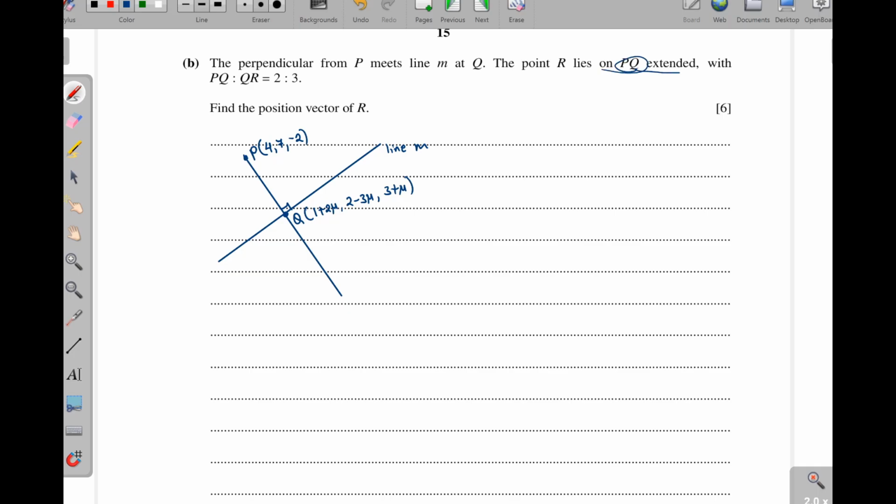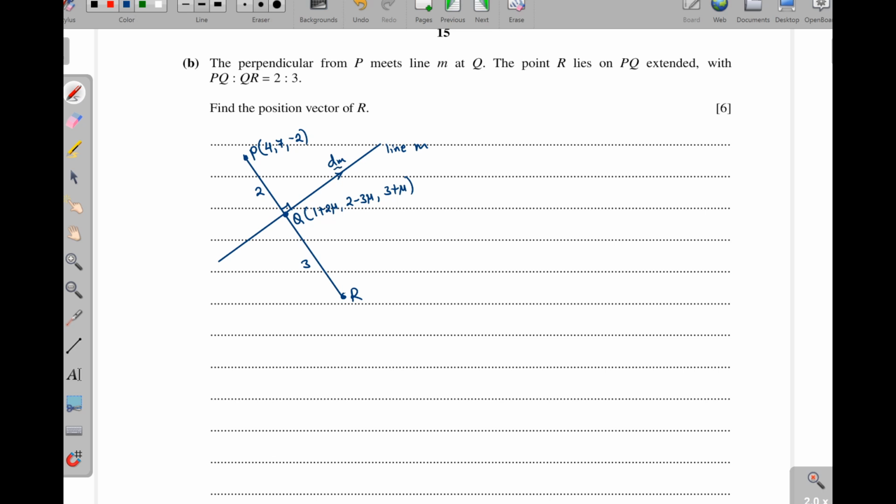Then they are saying that PQ is extended. So we are extending this line like that with PQ to QR 2 to 3. So I'm going to say maybe our R is here. So PQ is 2, then 3. I will put my numbers there like that. Now, you can see that this vector PQ is perpendicular to the directional vector of this line M. Because this one is maybe moving like that, so we shall have its directional vector moving that way.